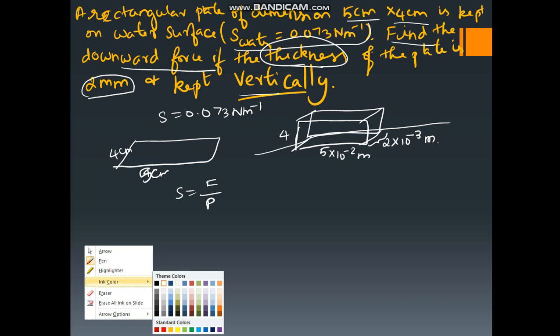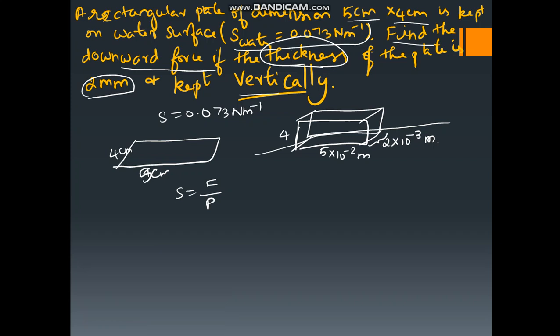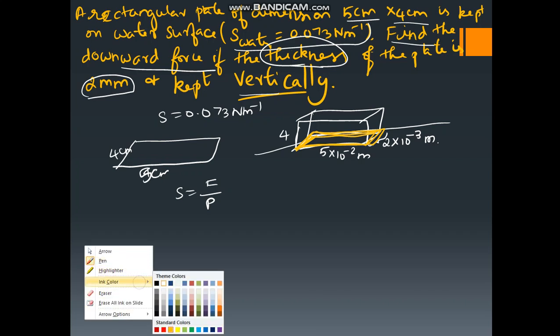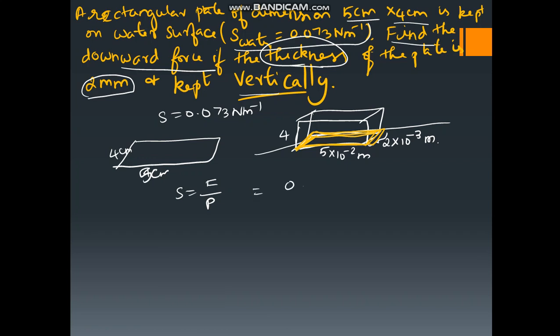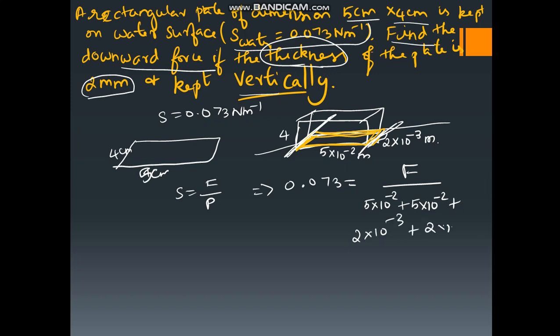This surface is in contact with water, so surface tension 0.073 is equal to force divided by perimeter: 5 into 10 power minus 2 meter plus 5 into 10 power minus 2 meter plus, since this thickness and this thickness are in contact, 2 into 10 power minus 3 meter plus 2 into 10 power minus 3 meter.